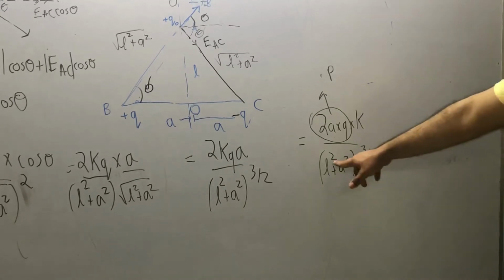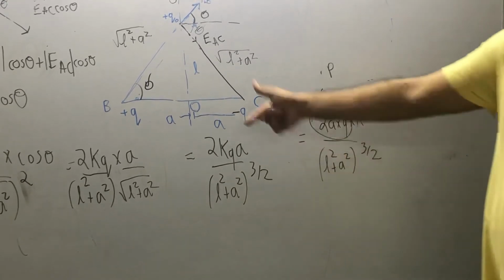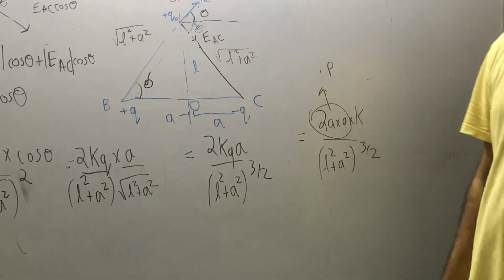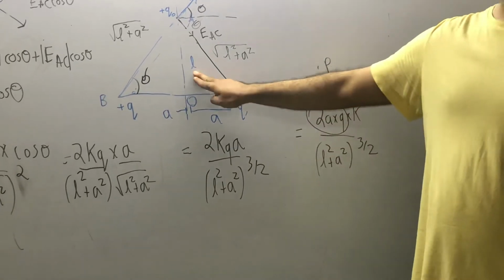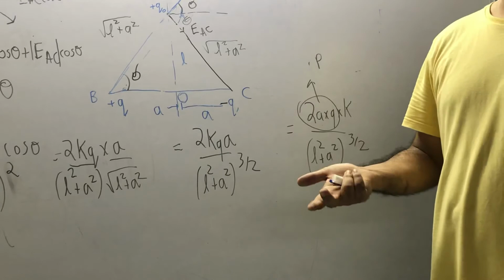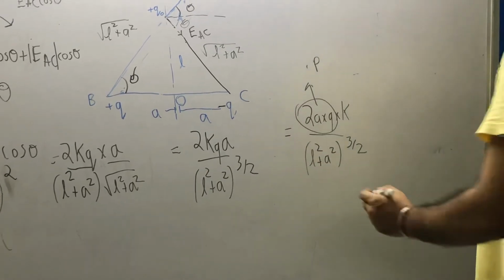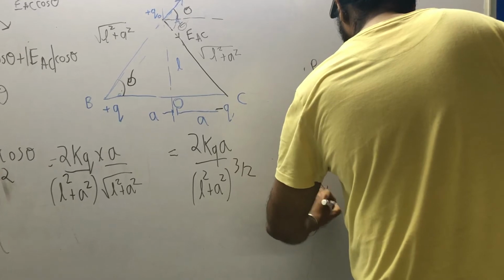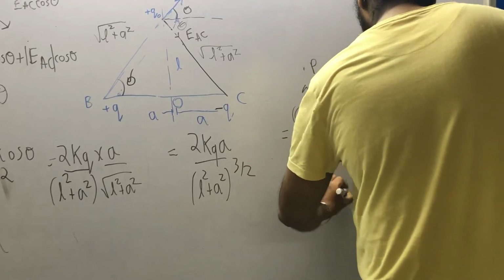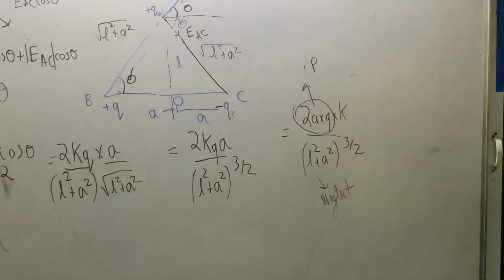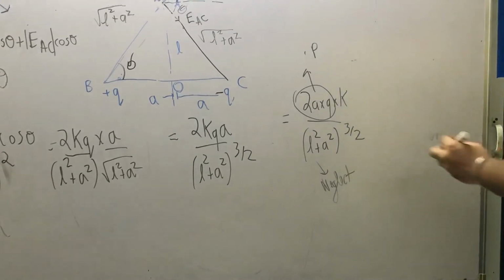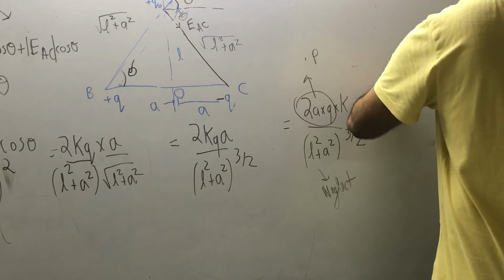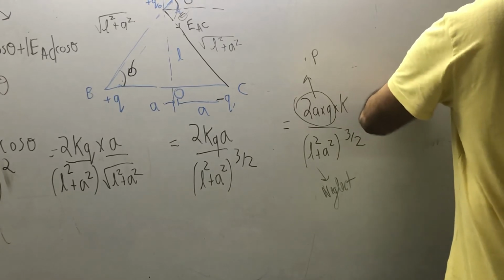In this one you can neglect L square because L is very small. I told you in the case of axial also, if it is 10 raised to the power minus 10, the square of this will be 10 raised to the power minus 20, so we can neglect L. I will neglect L square.